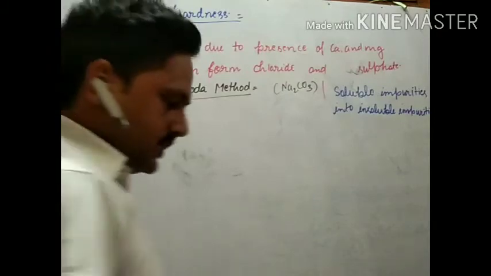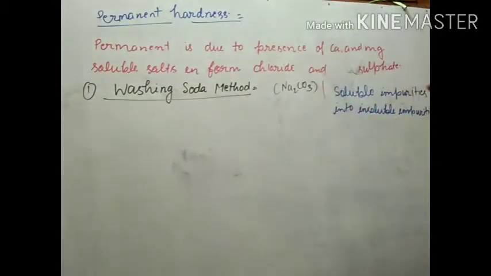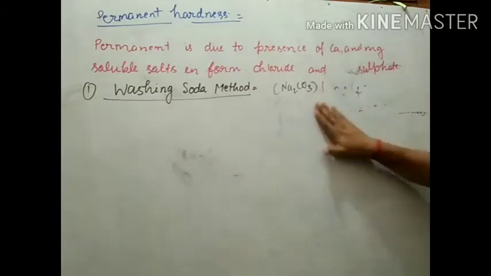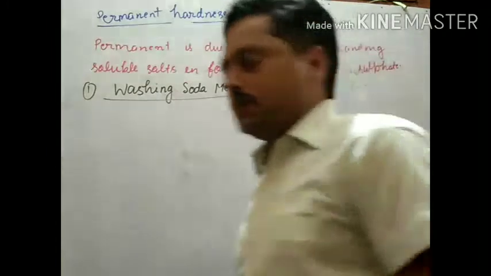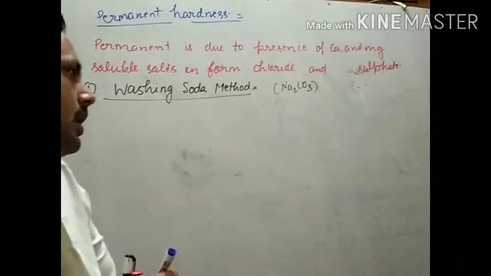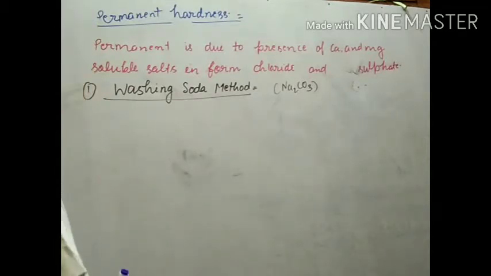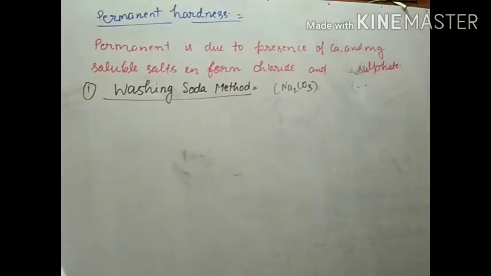In all the methods of removing permanent hardness, finally we convert soluble impurities into insoluble impurities. So in the washing soda method, washing soda reacts with calcium and magnesium sulfate and chloride to form insoluble salts, or we can say it precipitates insoluble salts. So we convert soluble salts into insoluble salt.